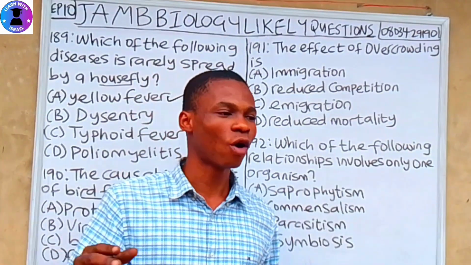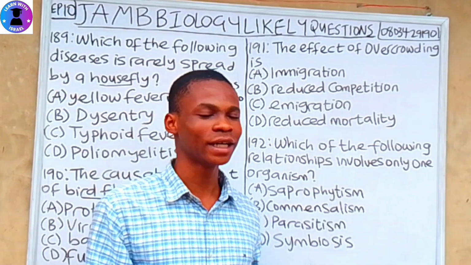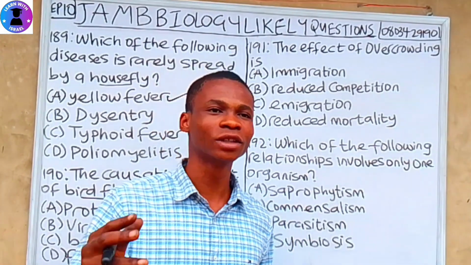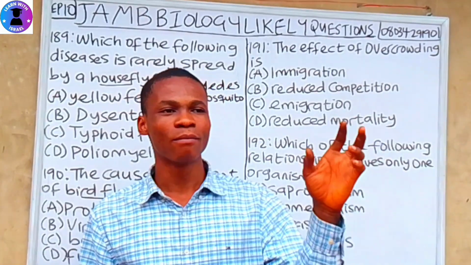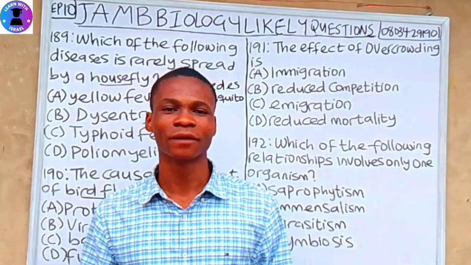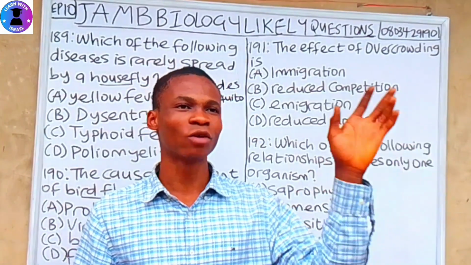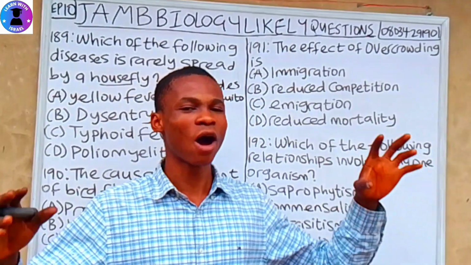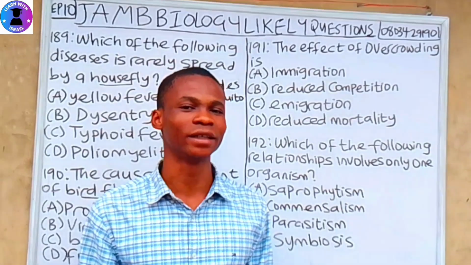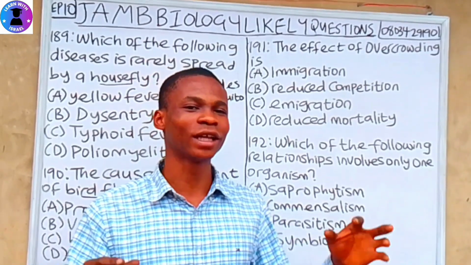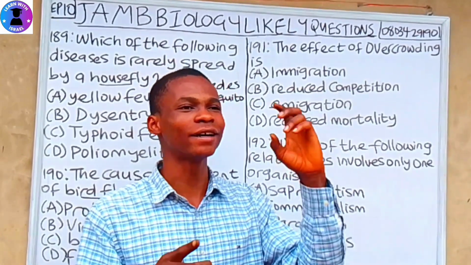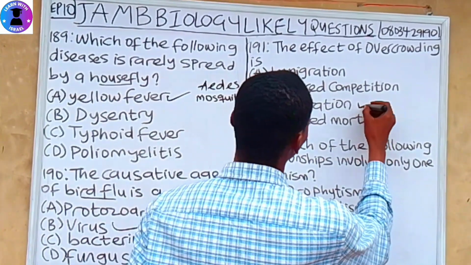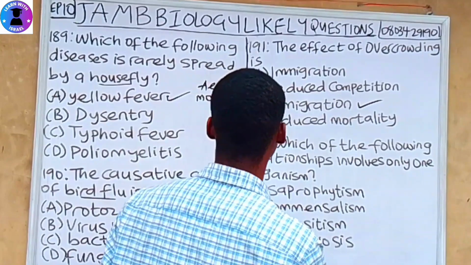It's not overcrowded, but it is crowded. A lot go there, and the less populated area is later overcrowded because of the high rate of emigration. So emigration is the correct answer. It's also the effect of overcrowding.